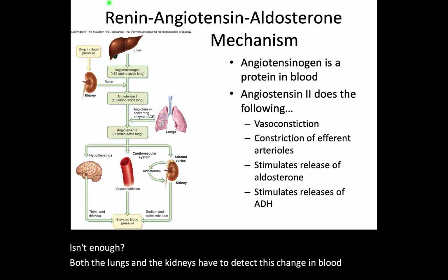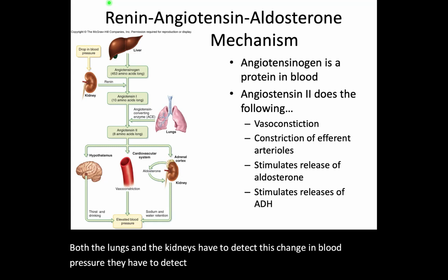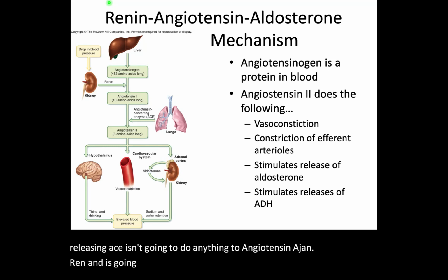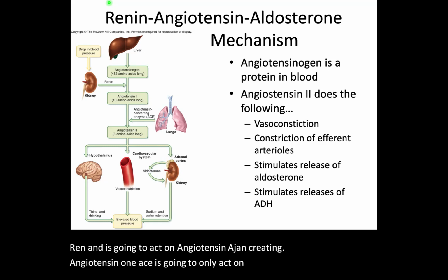They have to detect this drop in blood pressure, because just releasing ACE isn't going to do anything to angiotensinogen. Renin is going to act on angiotensinogen, creating angiotensin 1. ACE is going to only act on angiotensin 1, creating angiotensin 2.